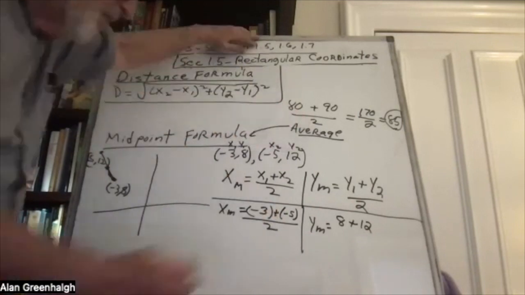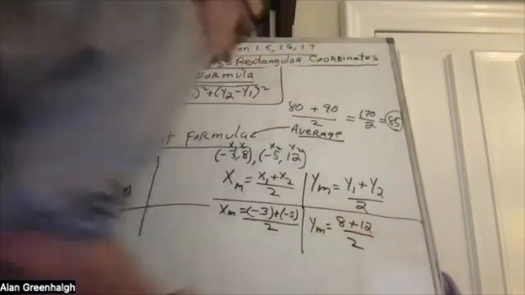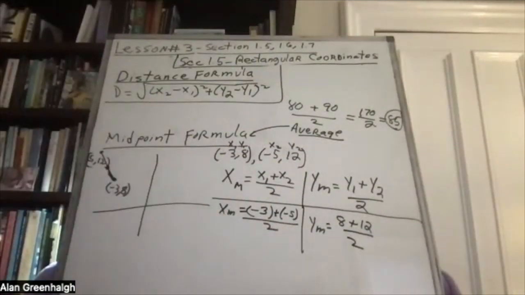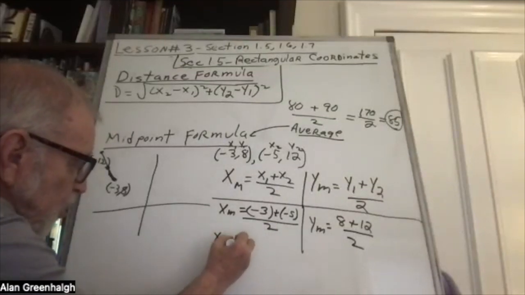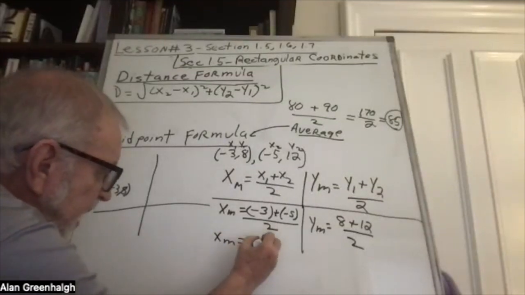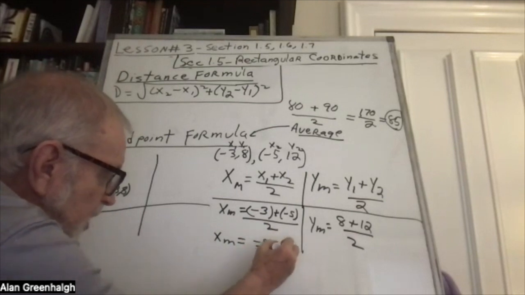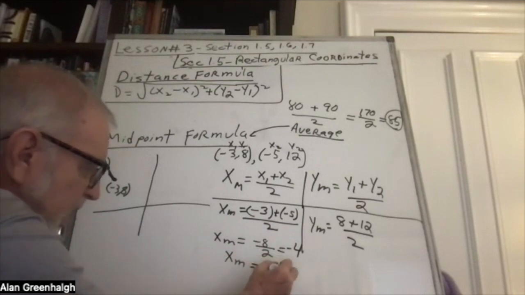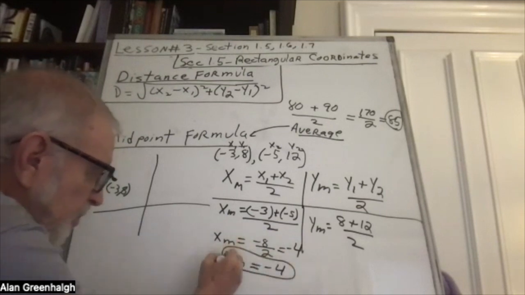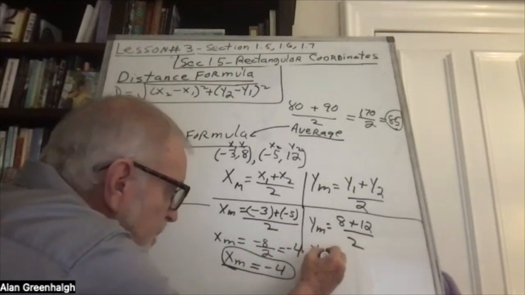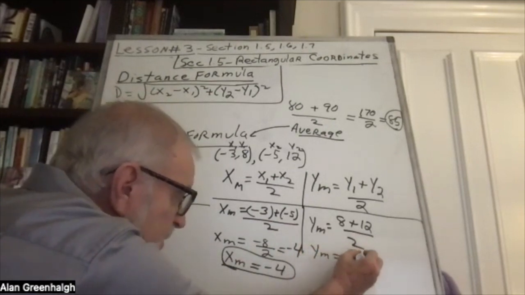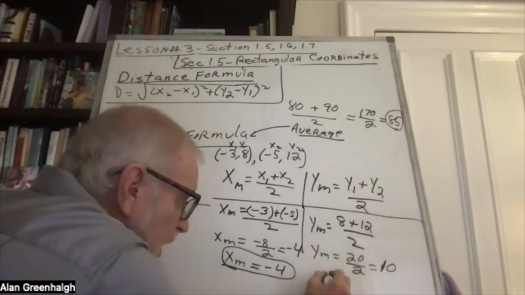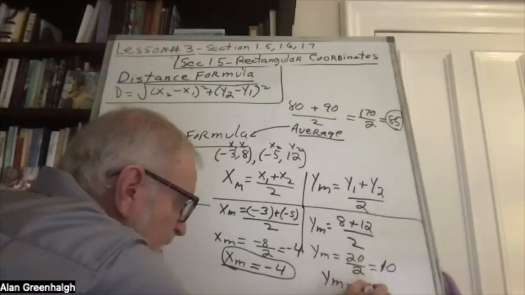I added the y's right here, and then we divide by 2. And this comes out to -8 divided by 2 is -4. So the x coordinate of the midpoint is -4. The y coordinate of the midpoint would be 20 divided by 2 is 10. So the y coordinate of the midpoint is 10.